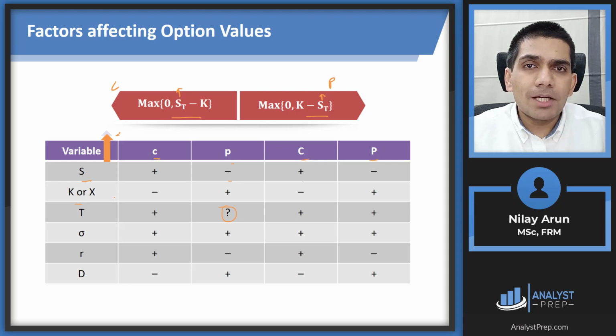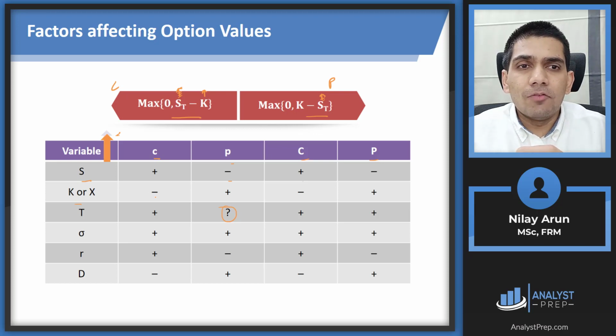All right. Now moving on to the next factor, that is the strike price. Now what is the impact of an increase in the strike price? If strike price was to go up, then how does that impact the call value and the put value? Again, let's do the same analysis here. Now we are not changing S, we are changing K. So if K was to increase, now K is negative for a call option here. So if this was to increase, that means your spread ST minus K is becoming narrower.